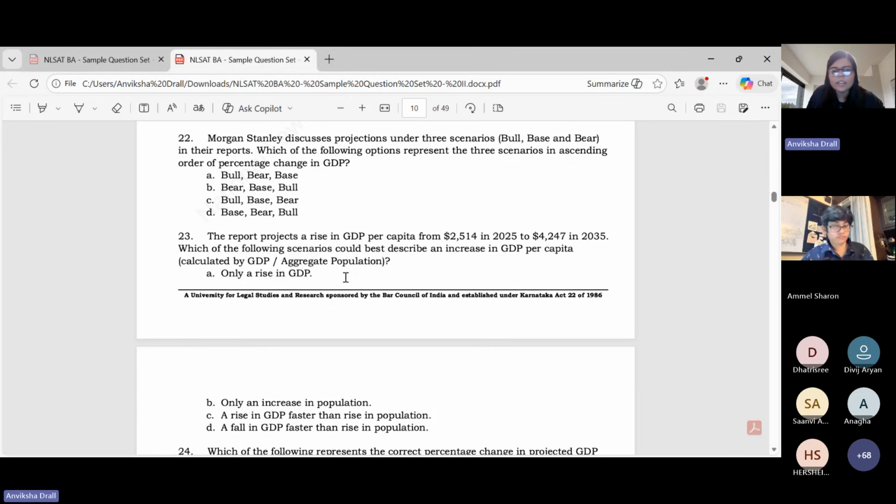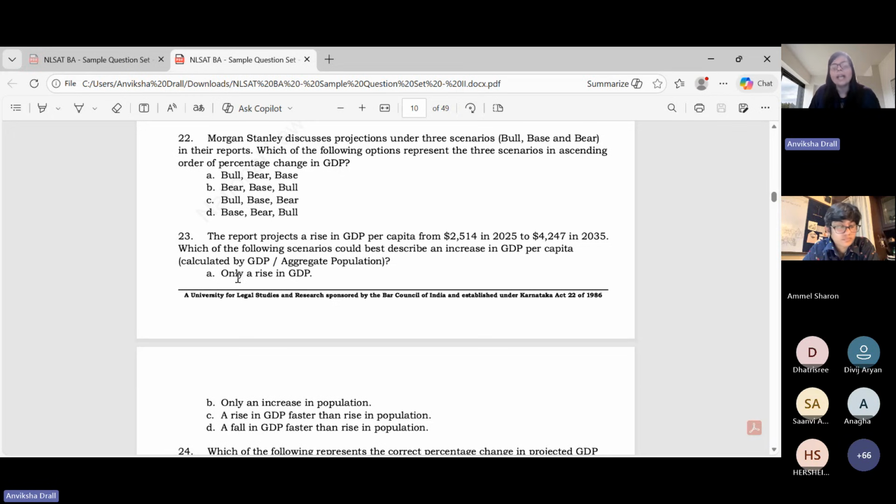One thing that you have to note is whether it is quant or critical reasoning, you have to choose the best possible answer. Definitely, there could be overlap between one or more options. In this case, only a rise in GDP could have been the correct answer. It can be in several instances, but for the current case, the paragraph mentions that the population is increasing and there is robust population growth.